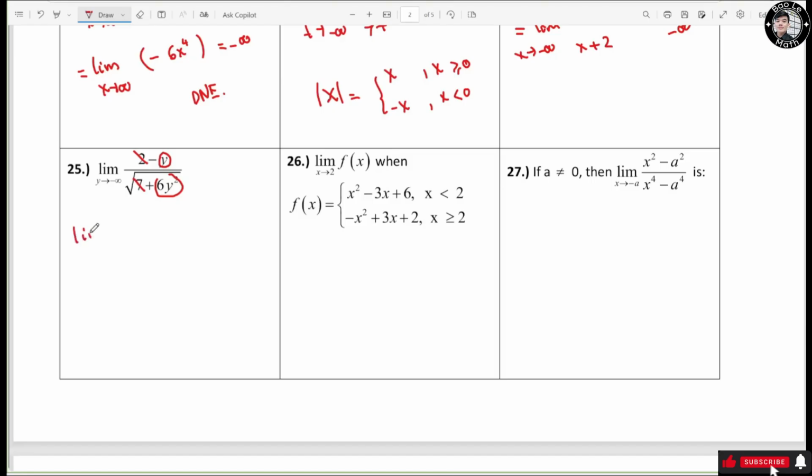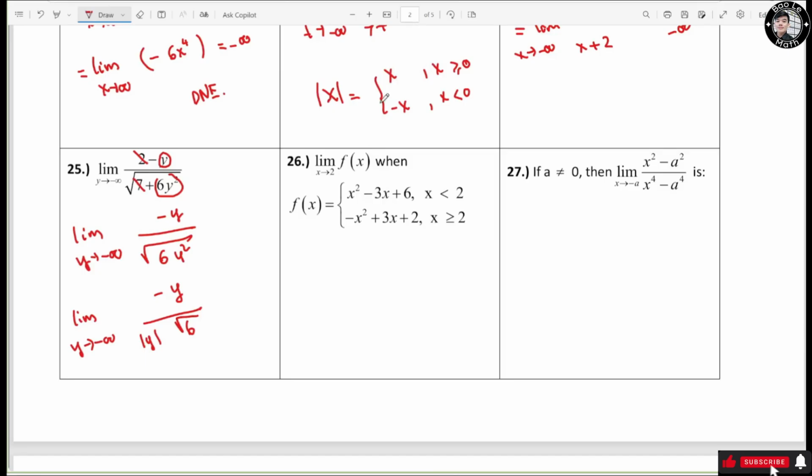So it can be the limit when y approaches negative infinity of negative y over square root of 6y squared. Now this turns out to be the limit when y approaches negative infinity of negative y over square root of y squared, which is absolute value of y, times square root of 6.